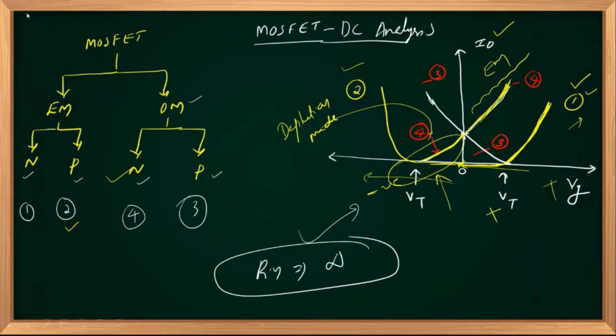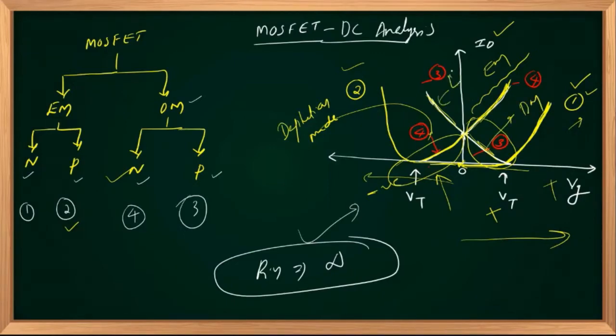Whereas curve number 3 corresponds again to depletion mode, because in this region drain current decreases as I increase my VG, and here drain current increases as I go to the negative side of the VG axis. So both modes are present. This area is called depletion mode operation.